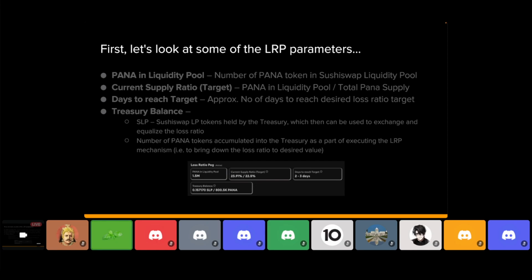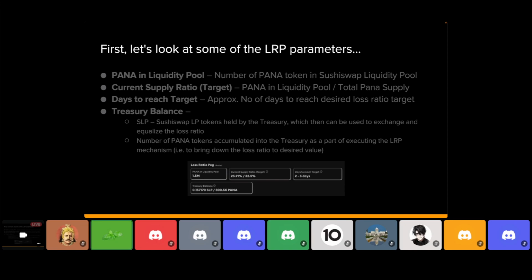And the fourth parameter is the treasury balance, which has two values. As I said, we either need to burn the SLP and swap out the PANA, or, if the current supply ratio is less than the target, then we need to add more PANA. So eventually, Treasury will have to take PANA and add PANA. That is why we are explicitly showing the Treasury balance of the LP token and the PANA token here, so that somebody can check that.